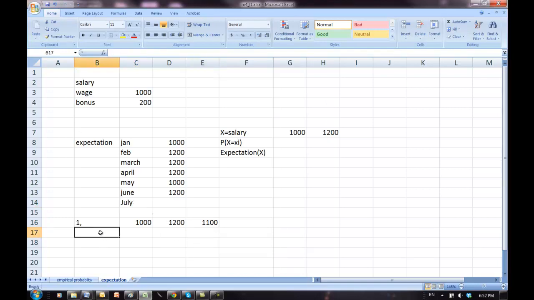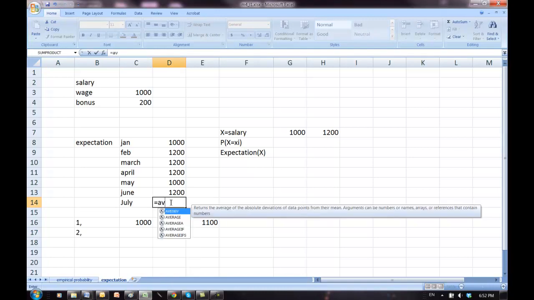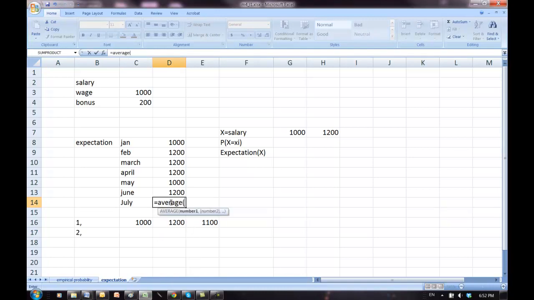The second method is I will simply calculate the average of the last 6 months. That gives you a different value. It turns out to be 1133. So which of the two do you think is a more accurate estimate of the expected income for July?